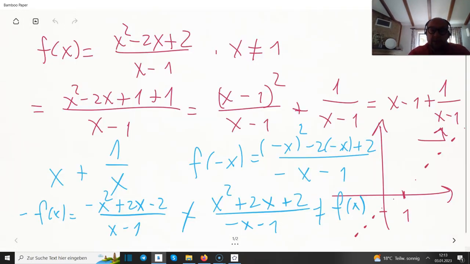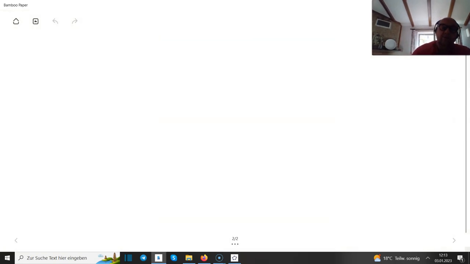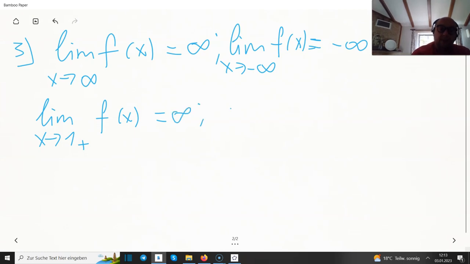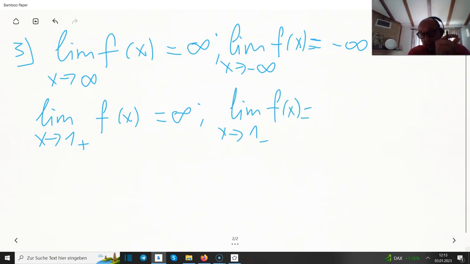So slightly bigger than 1 means this one is going to be 0, and the denominator is a very small positive number, dividing 1 by a small positive number, giving us a huge positive number. And if we're considering the other case, this is the same story, but now we are slightly less than 1, so 0.9 or 0.95. We're dividing 1 by a very small negative number. The result is huge, but negative.